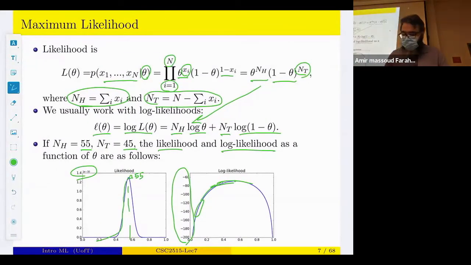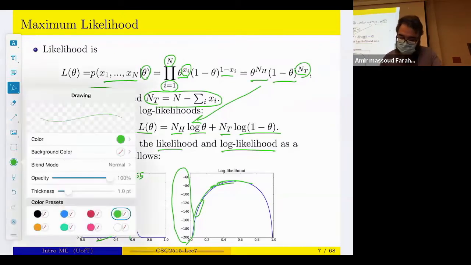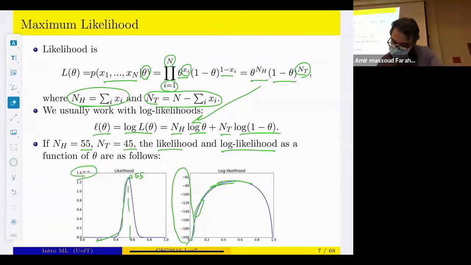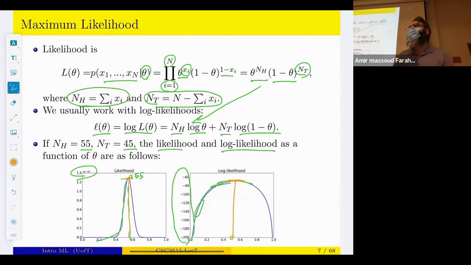So what the maximum likelihood estimate does is compute the theta, as our estimate, that is the point in the likelihood or log likelihood function that has the maximum value. So it essentially picks this value. The point that is maximized here would be the same here because the log doesn't change the maximizer.